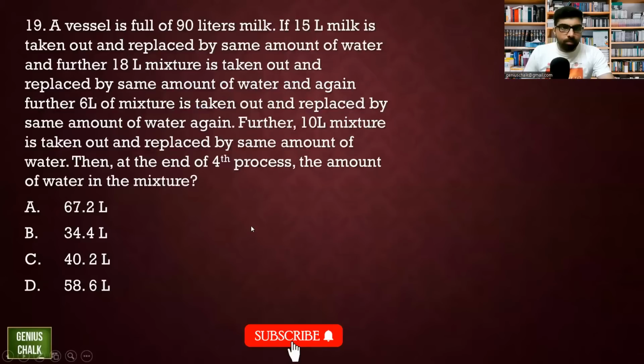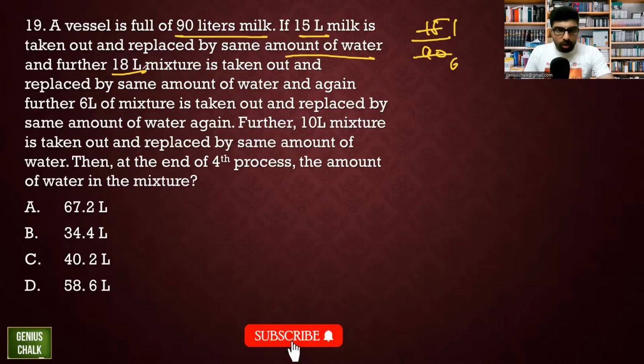Next one. Now sometimes we have different quantities which are being taken out. So again, using ratio, it's very simple. 90 liters of milk, 15 liter milk is taken out. What is 15 by 90, guys? It is 1 by 6. Okay. Next, 18 liter is taken out, replaced by water.